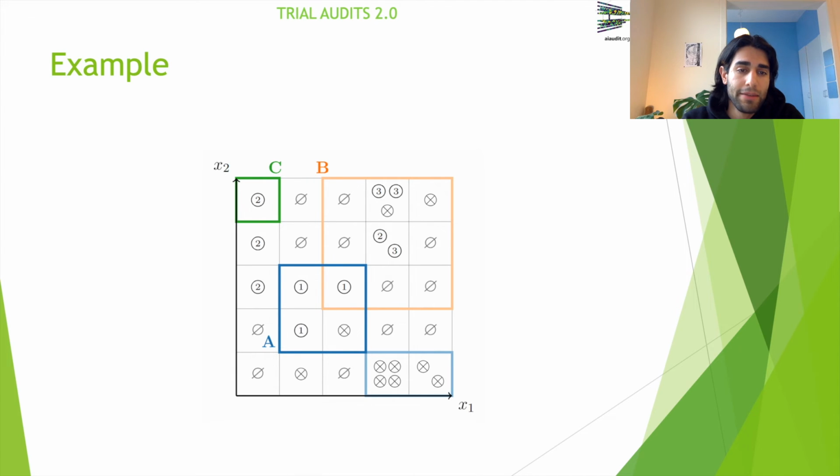Signal C fails to detect 2 out of 3 outbreak cases, and B is quite unsure. It detects all the outbreak cases that are part of 3, but also a lot of non-cases.